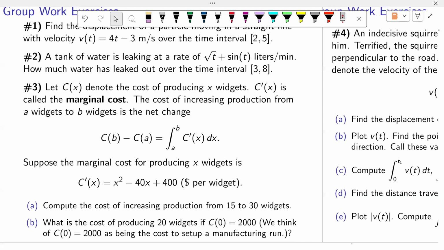One of these days, I'm gonna find out if ChatGPT can do all my group work problems. I mean, it's a reasonable question to ask, right? Actually, let's. Curiosity is getting the best of me here. Hold on.